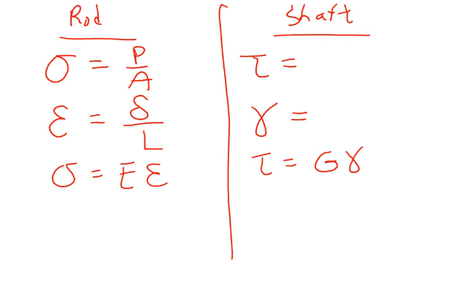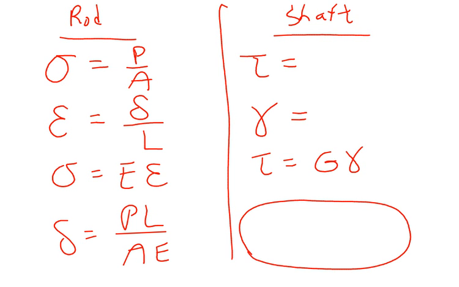Then we combined the three equations for the rod to get delta equals PL over AE. For the shaft, we need to come up with an equation that comes about from combining the three equations up on top. That's going to give us deformation. So how do we define the deformation in the shaft?